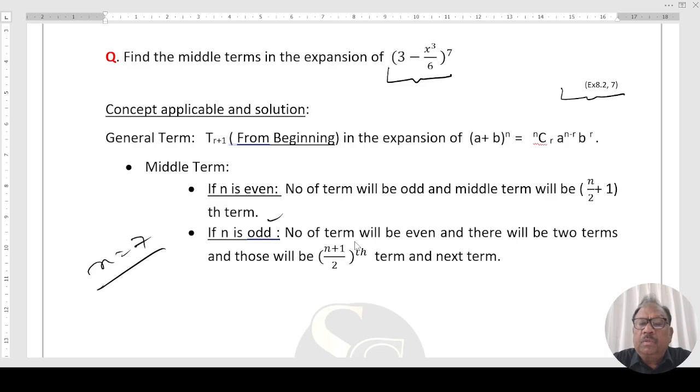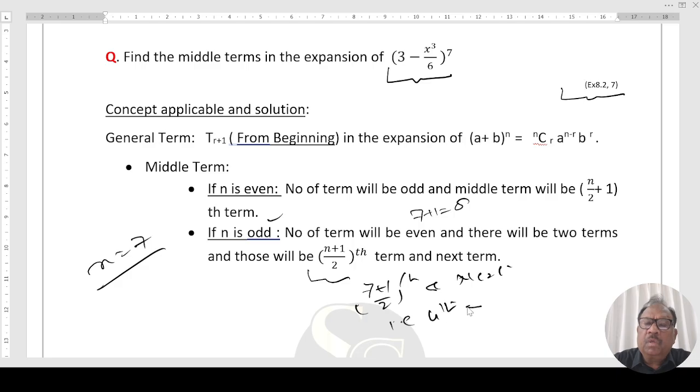So the number of terms will be even, that is 7 plus 1, that is 8. And there will be two middle terms. Those will be 7 plus 1 by 2th term and the next, that is the 4th and 5th term.